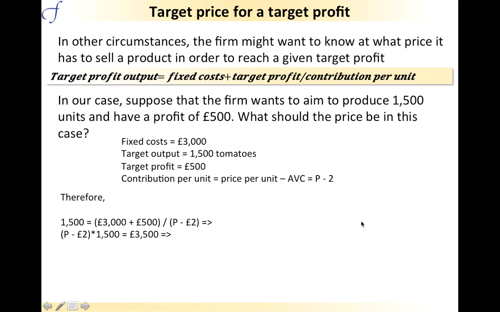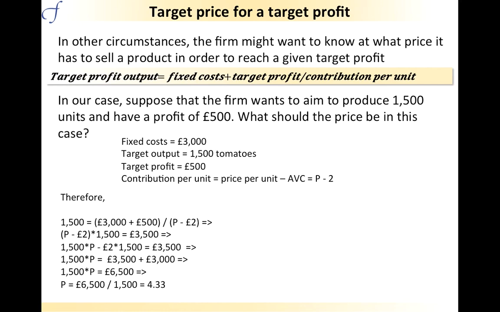If we pass the formula to the other side and clear this up step by step, we reach the solution that the price should be equal to £4.33. What this means is that in order to reach a profit of £500 by selling 1,500 tomatoes, the company should be setting a price of £4.33.